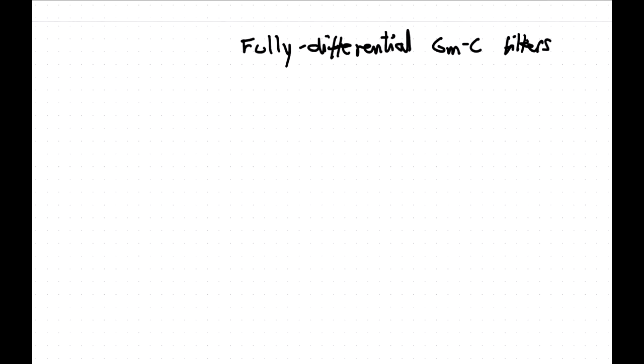So how do you make a fully differential GMC filter? Well, it's very similar to a fully differential op-amp. You probably also need to have a common mode feedback for each device sitting in there. But if you're building your circuit and finding the transfer function that you want, you might do it using a single-ended structure because it's just easier to draw.